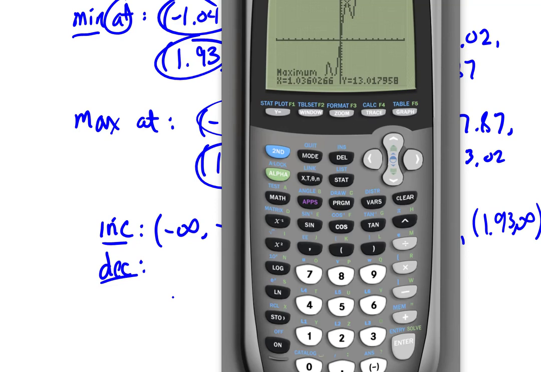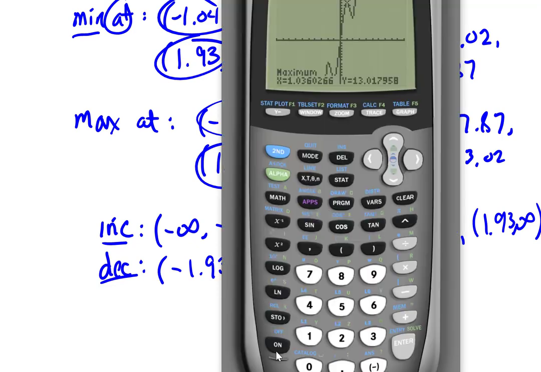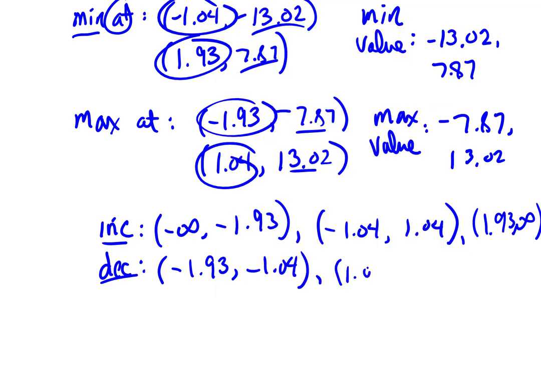For places of decreasing, remember we're only moving left to right when we consider this. And it seems like it's only decreasing from the first peak to the first valley, which would be negative 1.93 for the x, to the first valley, which is at negative 1.04, and then also from the second peak to the second valley. So that'd be 1.04 for that second peak.